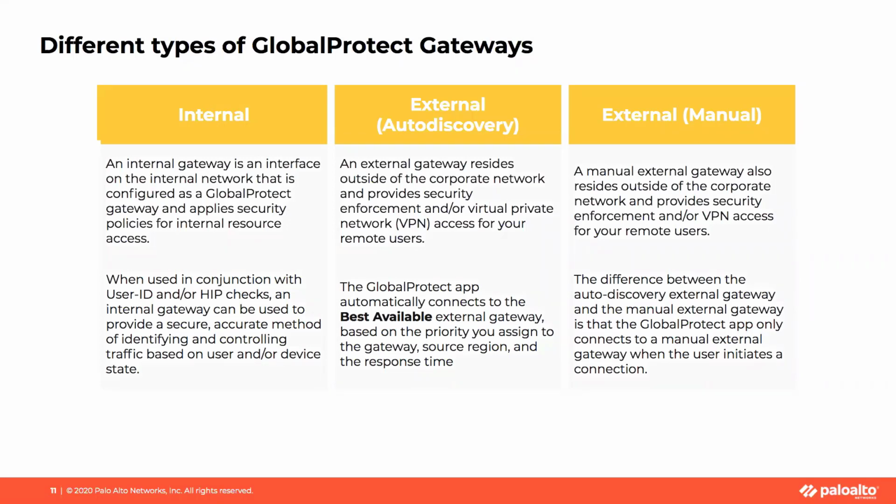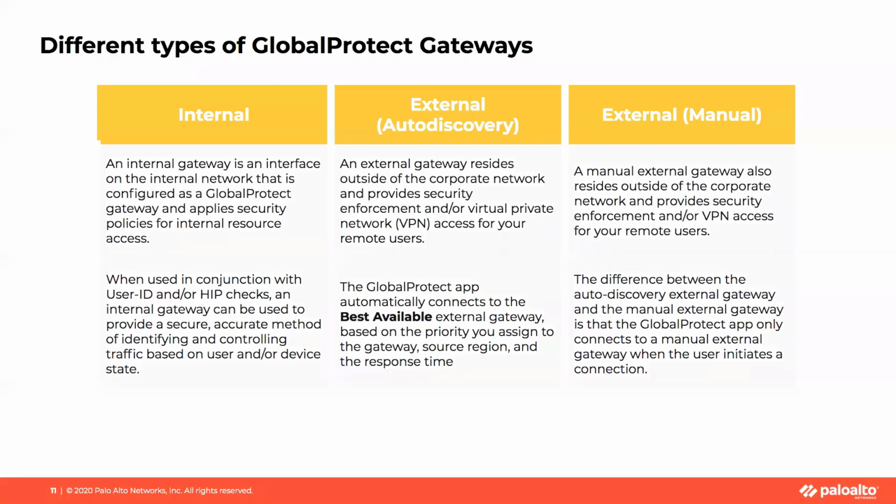Now all my information is secure through that gateway. Now I can apply all my security policies and basically protect my internal apps, working like a NAC. So I can do HIP checking, I can do User-ID identification, allowing specific access to applications. So again, there are two different types.